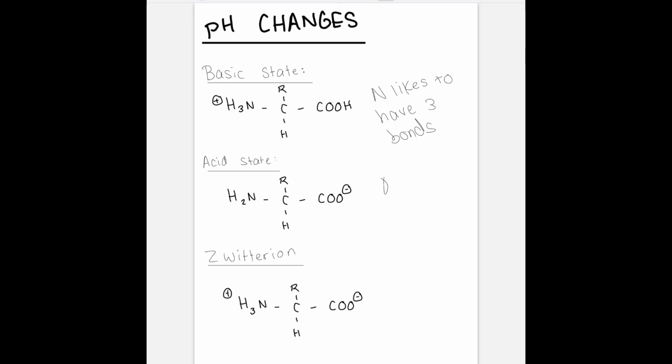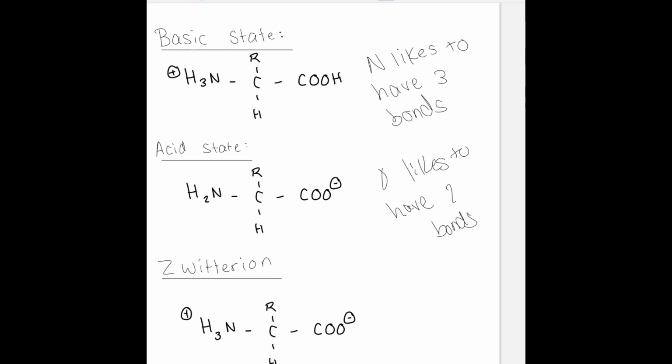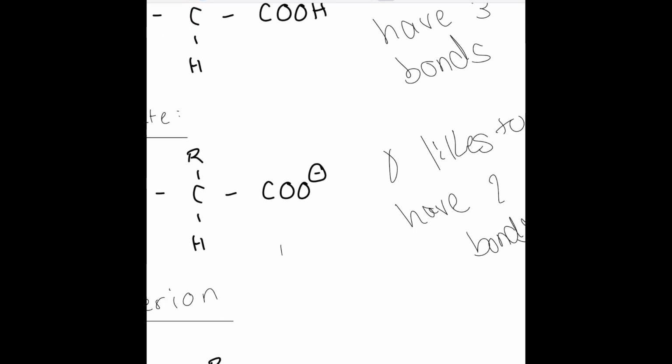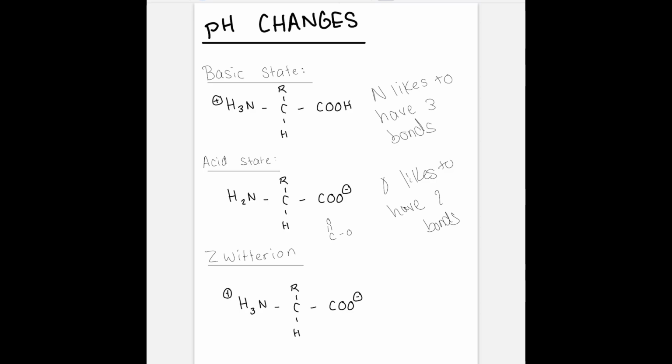So oxygen likes to have 2 bonds. And I'm just going to draw this structure out a little more so we can see what's going on here. And in this acidic environment, this hydrogen left. So now this oxygen only has 1 bond.